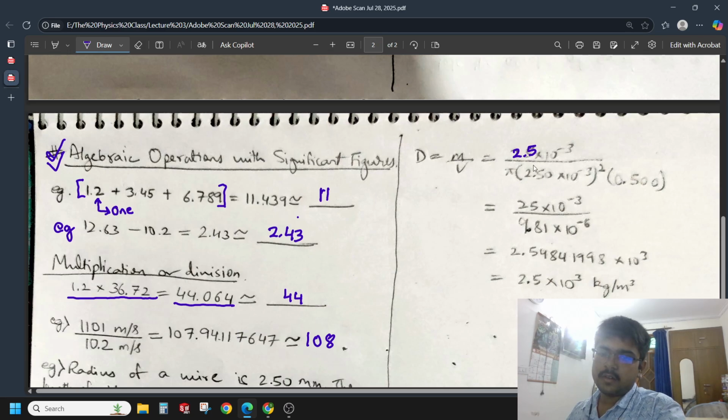This is the radius r, and this is the length L.